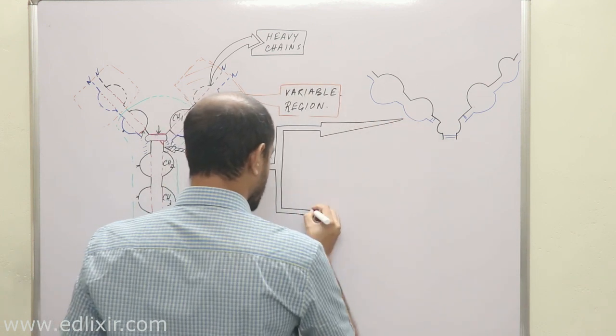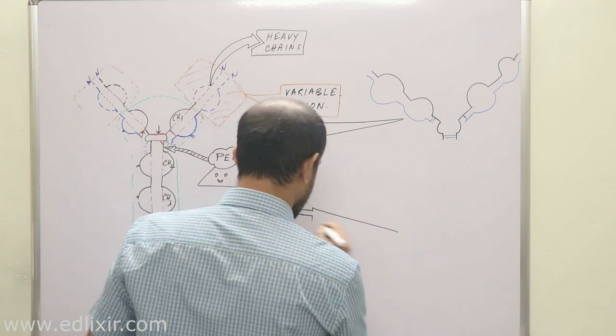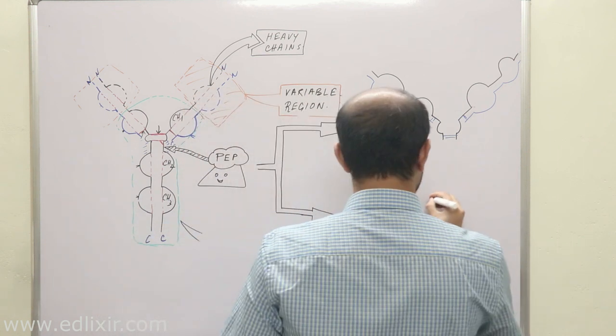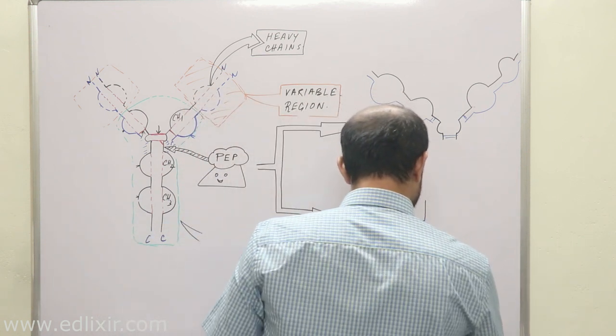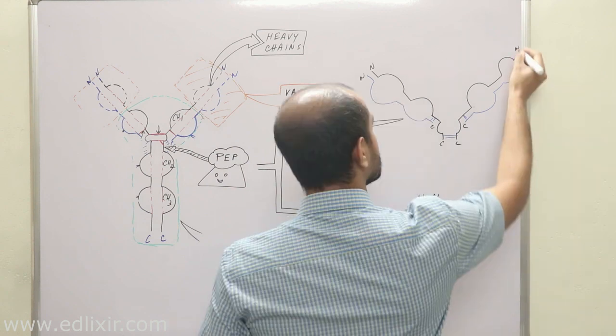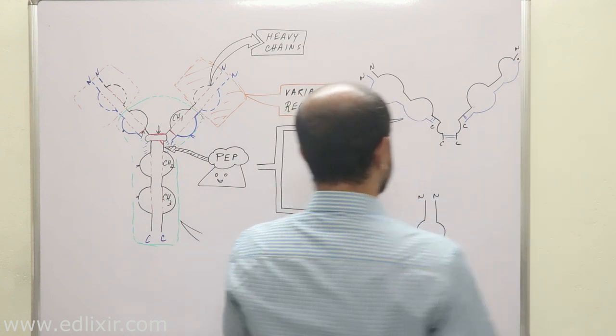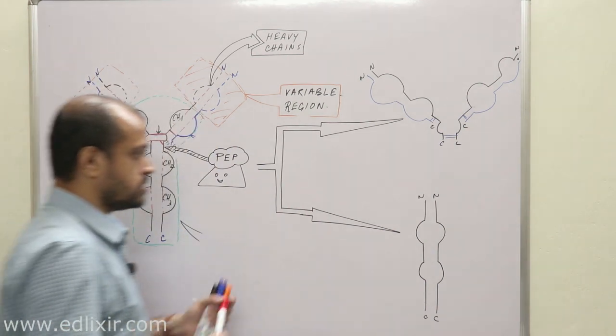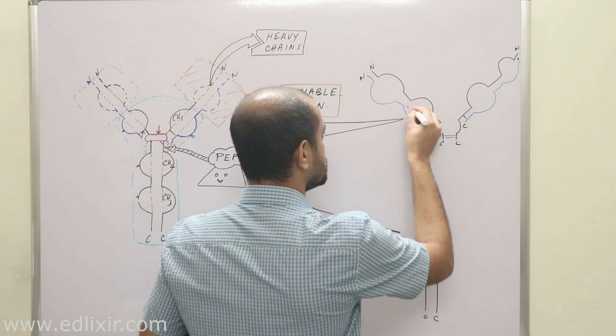Another product of your pepsin digestion is this. So these are your products of pepsin digestion.